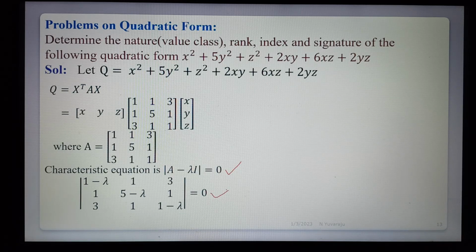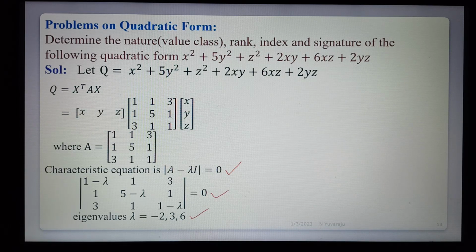Solving this equation gives the lambda values; we already discussed it, so directly I am telling the values: lambda is equal to minus 2, 3, 6. These are the eigenvalues.